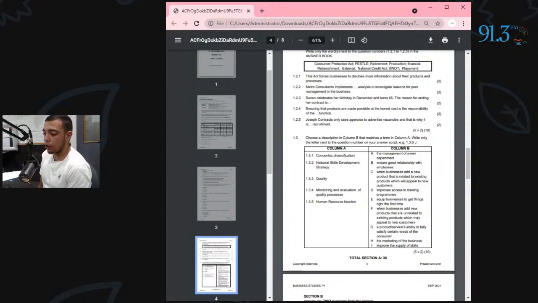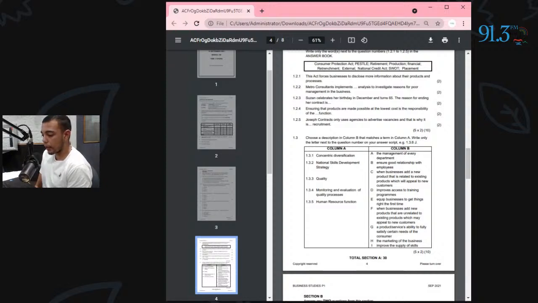So the answer there would be retirement, because at the age of 65, you're at a good age now, and this is when you actually retire and pick up your retirement package, if you've been working long for a company. So the answer there is retirement.